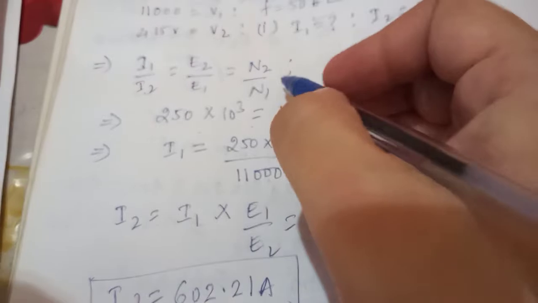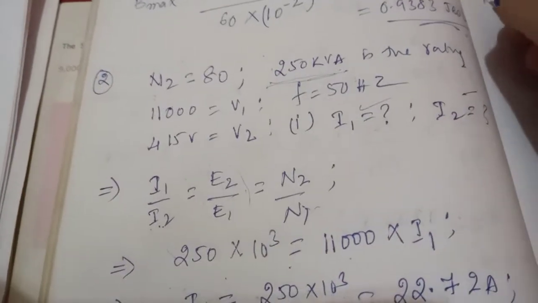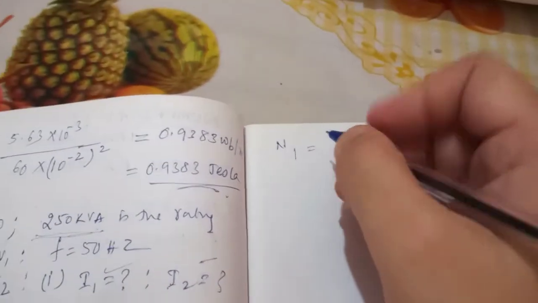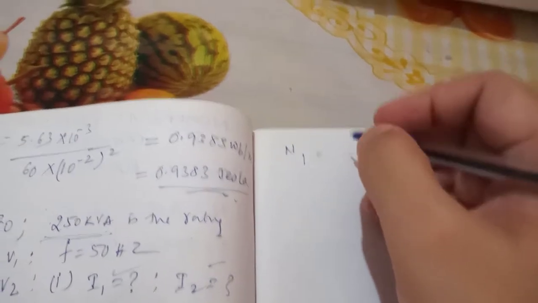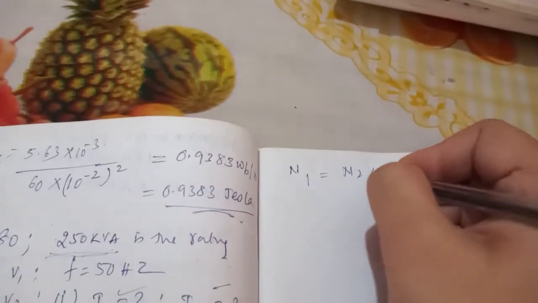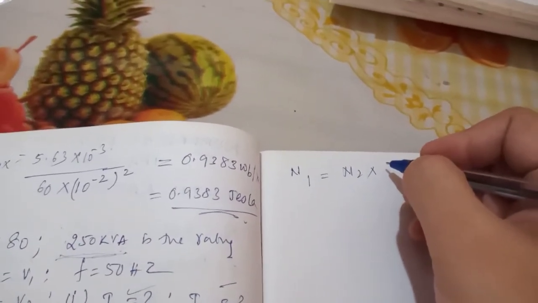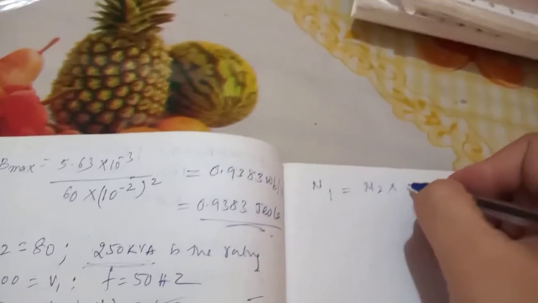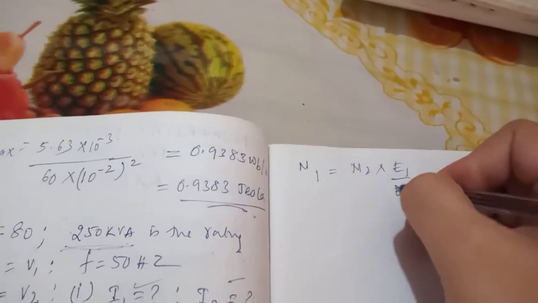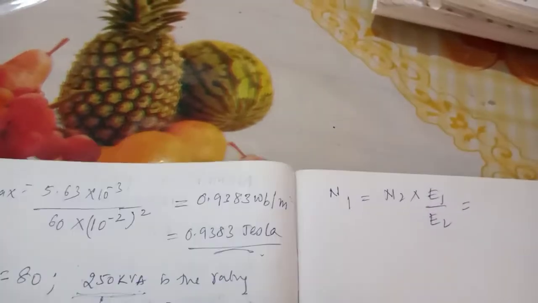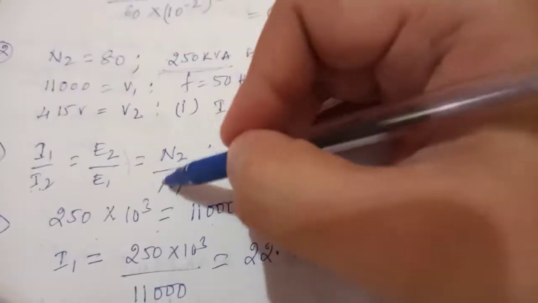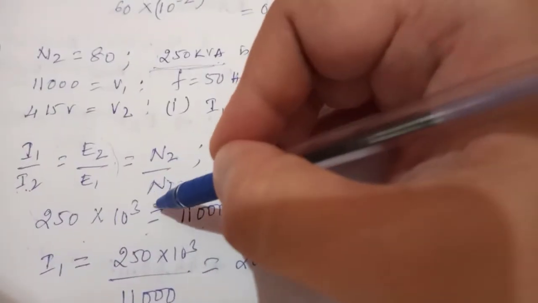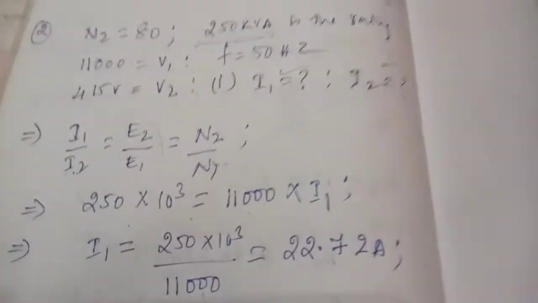So again you use this formula. Number of primary turns, N1, is equal to N2 into E1 by E2, since N1 goes to this side and E2 by E1 becomes E1 by E2.